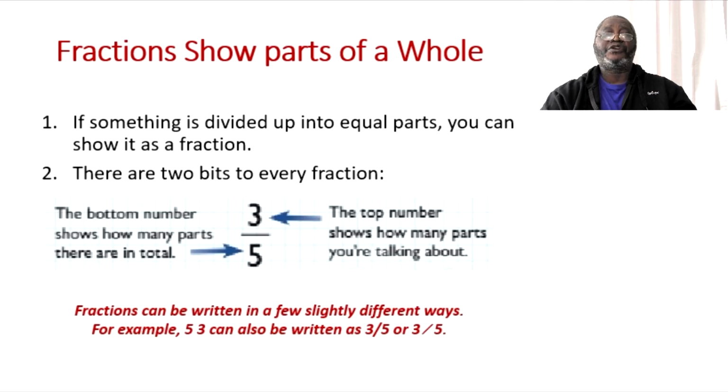If you have 5 children, or there are 5 of you at home, and then you bought a loaf of bread, how many parts will you share the loaf of bread into if you want them to have equal share? Yes, you'll share it into 5 parts. But let's say 2 of them are not in and only 3 of them were in. So out of those 5 parts, the 3 who are in will eat 1 part each, which is 3 parts, and you will have 2 parts remaining.